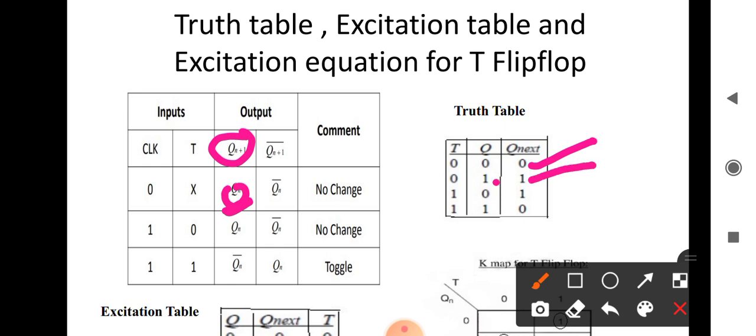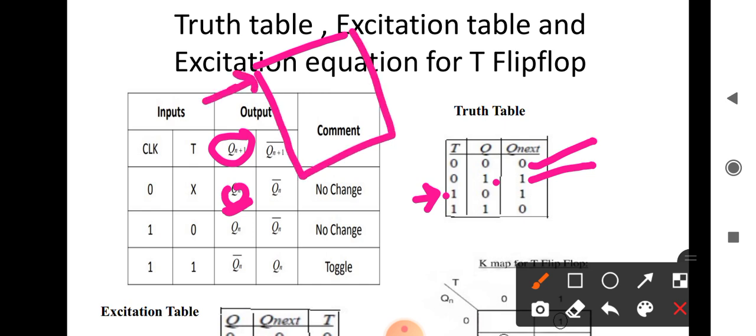So for T is equal to 1 here, what happens to the output? I told you, when T is equal to 1, input is T, and this is the clock signal I have given for Qn. So Qn and Qn next.